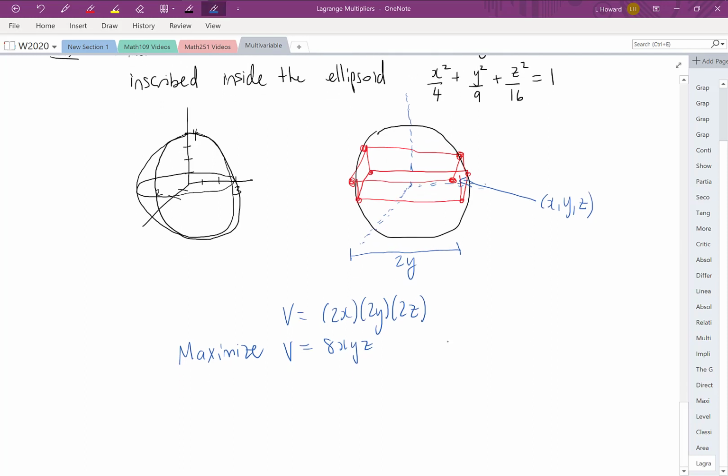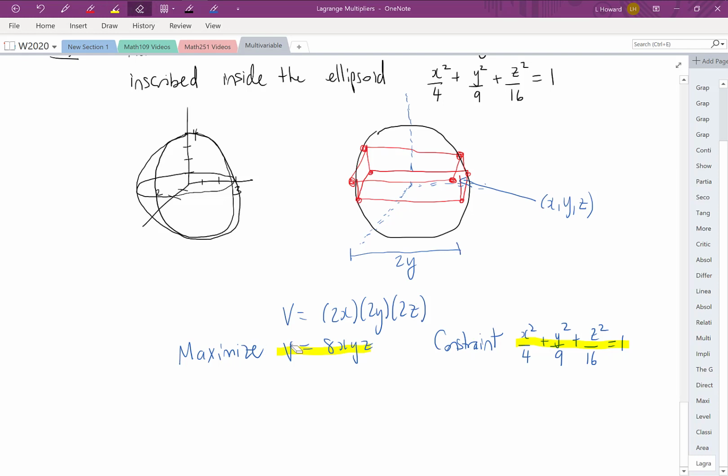Okay, the constraint that we have is that the corners need to lie on that ellipsoid. So the constraint is just the equation of the ellipsoid: x squared over 4 plus y squared over 9 plus z squared over 16 equals 1. So I'll highlight both of those because we know that the function that we're trying to maximize and our constraint are the two important aspects that we're going to need for the calculation.